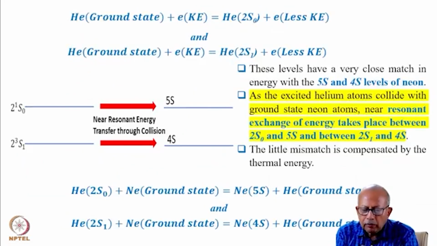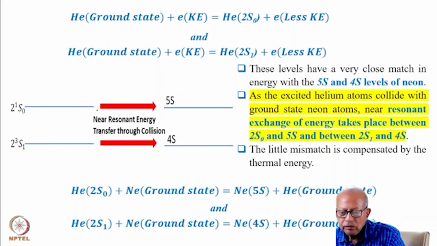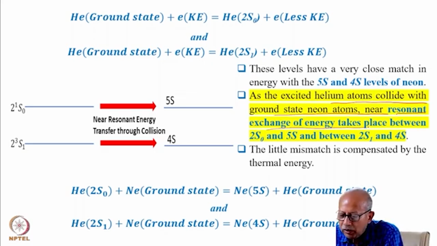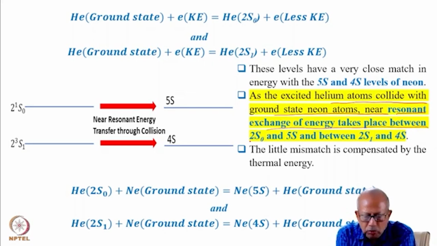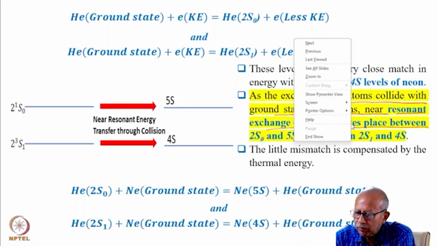So then, the other aspect is that as these levels are a very close match, as we just discussed, as the excited helium atoms collide with ground state neon atoms, near-resonant exchange of energy takes place between 2s0 and 5s and between 2s1 and 4s.